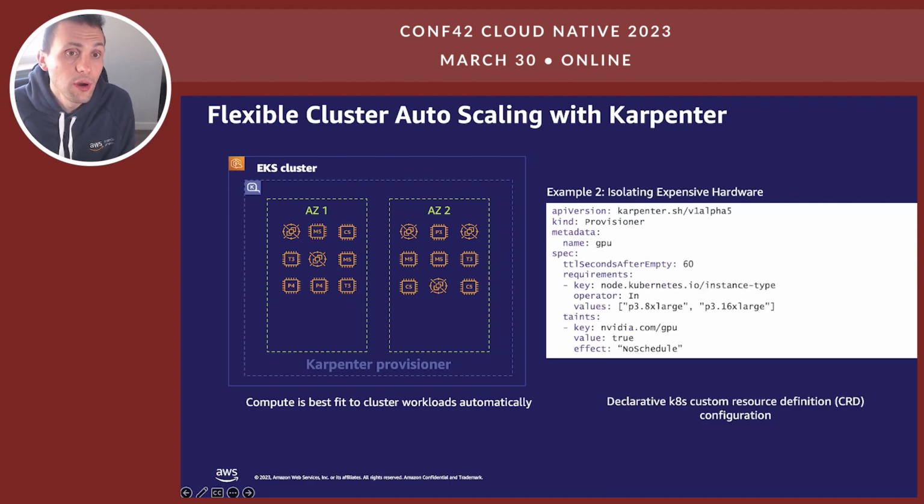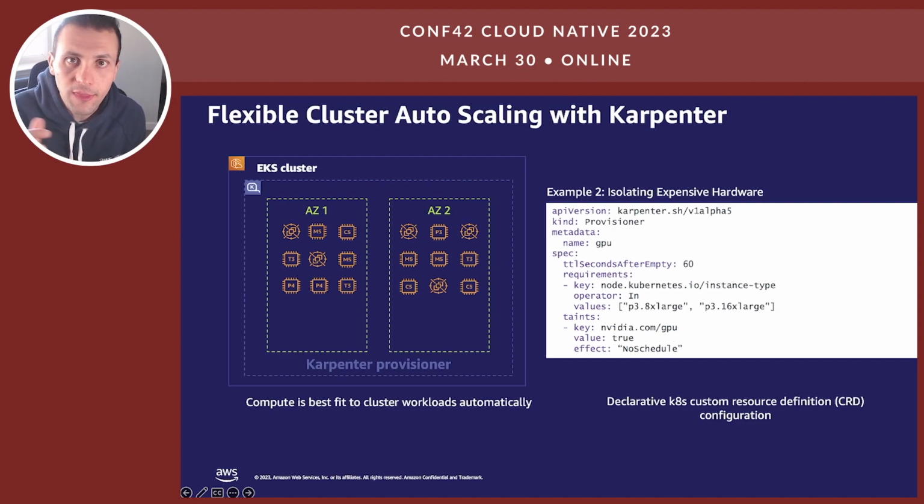And you can also isolate expensive hardware. So if you have applications that need a GPU, you can specify which instances you want this specific provisioner to deploy. In this case, for GPU, you just want P3 8x large or P3 16x large. But then what you do is you create a taint on those nodes.